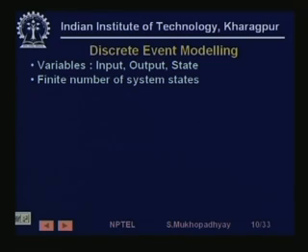Then there are output variables, and then there are state variables. Output variables are something which we can maybe sense or see, and there may be some other variables which we cannot see, but the system goes through them. In most industrial control problems we have only a finite number of system states.